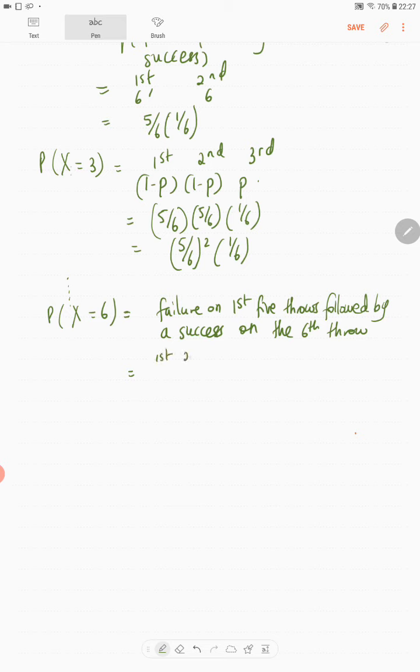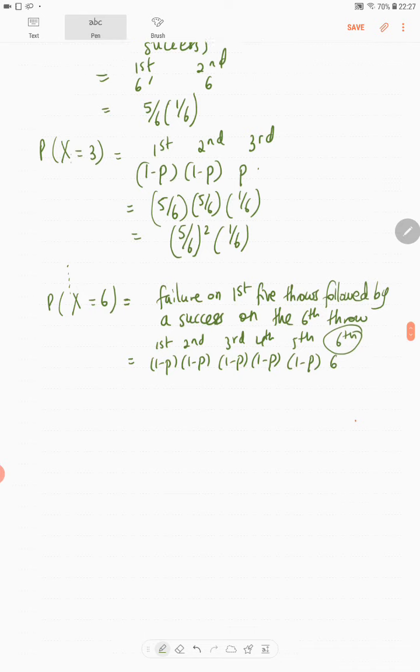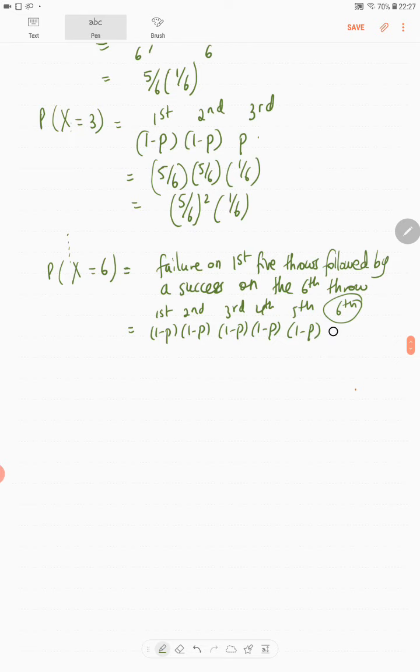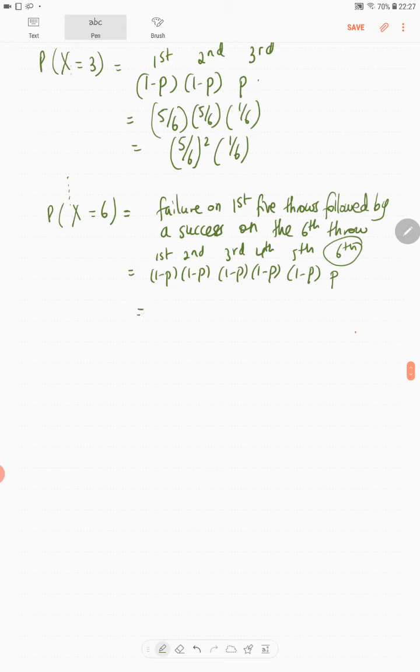First, second, third, fourth, fifth: all these probabilities will be 1 minus p, 1 minus p, 1 minus p, 1 minus p, 1 minus p. And on the 6th throw, here we will have our success. That is, a 6 is obtained on the 6th throw and the probability will be p. So here we have 5 over 6 to the power 5 times 1 over 6.